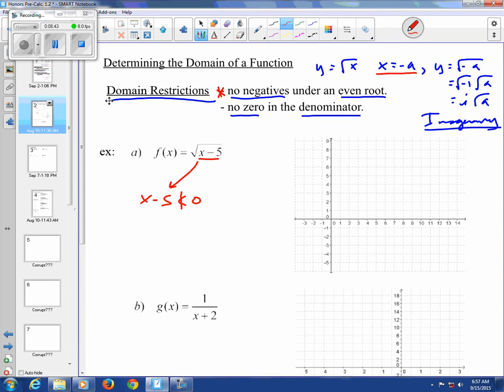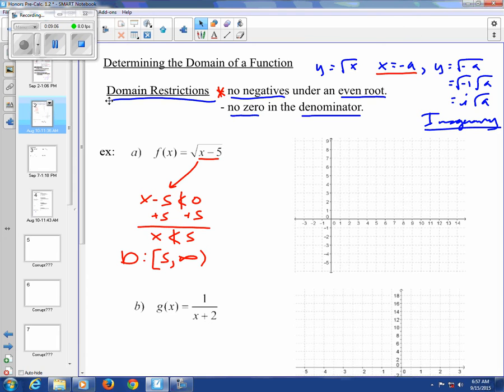And then I'm going to say I can't have those x values. Now I'm going to solve this like a regular inequality. So I add 5, and I get x cannot be less than 5. So my domain would be the x values on the x-axis that are not less than 5, so from 5 to positive infinity.